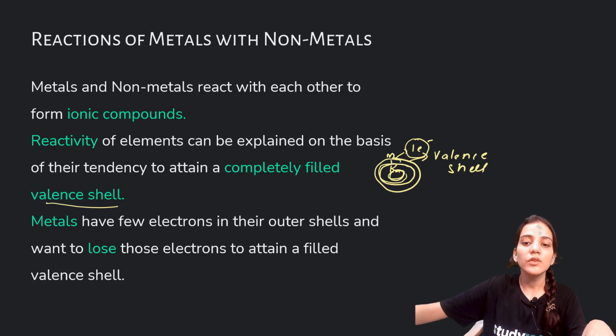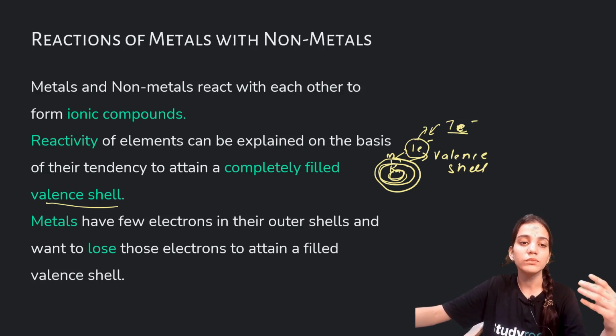So instead of attaining 7 more electrons, it will try to lose this one electron. This is the tendency of metals to lose that one electron, or most of the time they have a lesser number of electrons in their valence shell, so to become more stable they will lose their electrons.